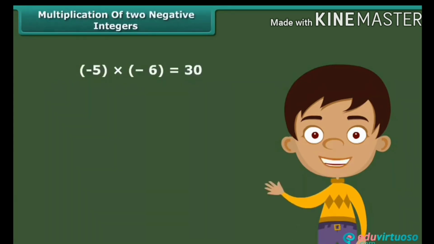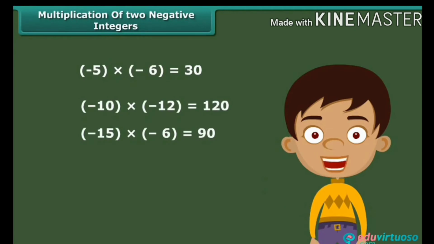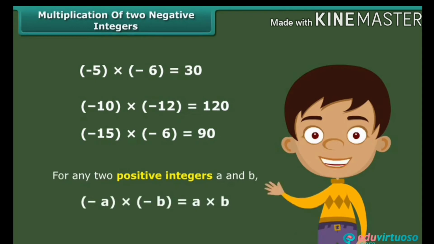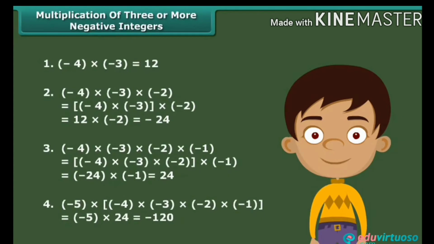The product of two negative integers is a positive integer. We multiply the two negative integers as whole numbers. In general, for any two positive integers a and b, -a × -b is equal to a × b.